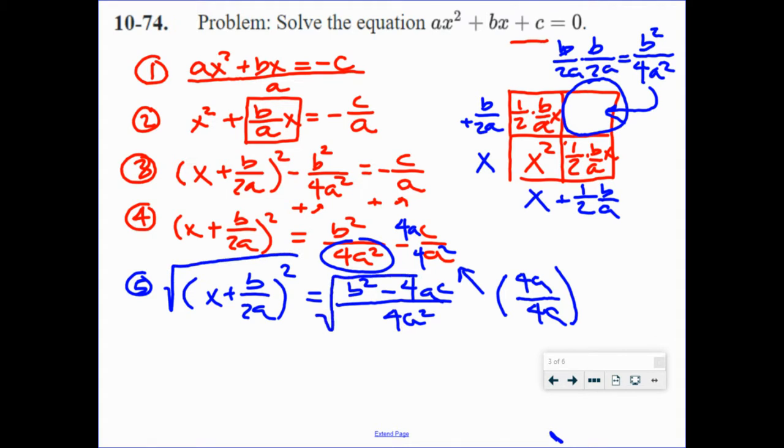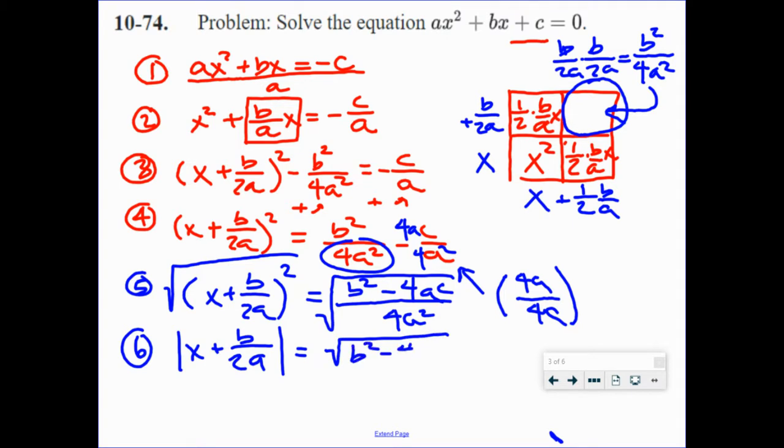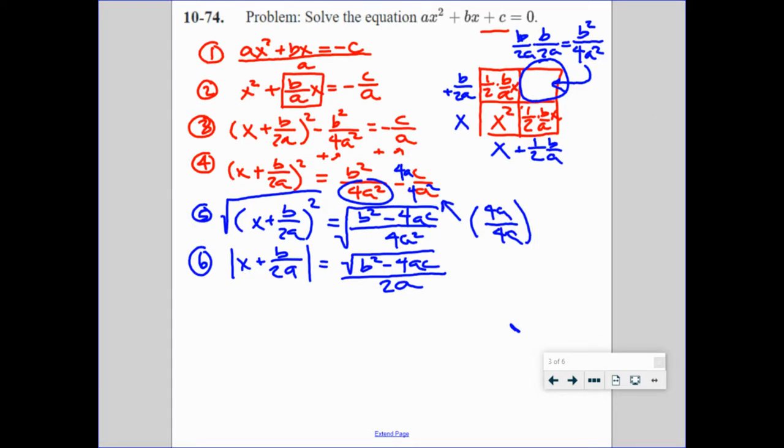So I'm going to take the square root of both sides, and you should be left with the absolute value of x plus b over 2a equals, and when you take the square root of this whole right side, first let's start with the numerator. We have the square root of b squared minus 4ac all over, when you take the square root of 4a squared, you're left with 2a. All right, and we are almost getting there.